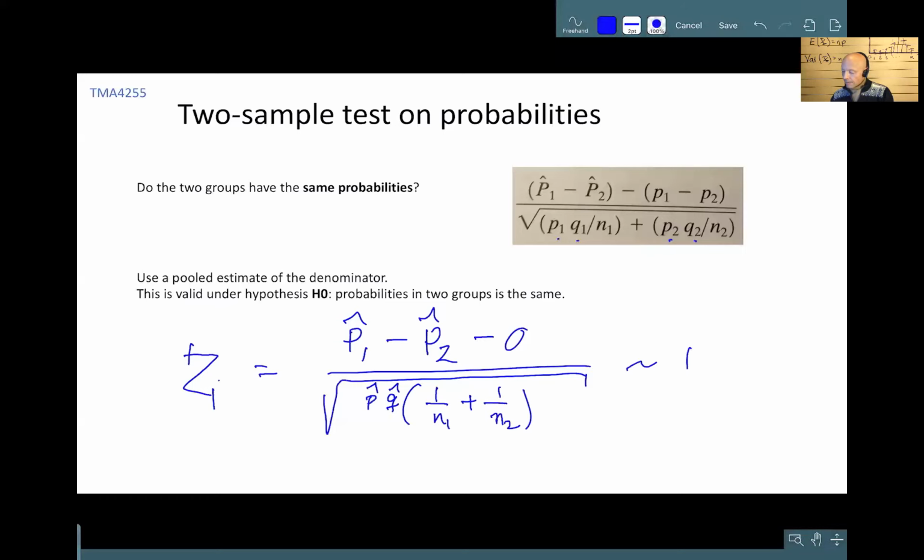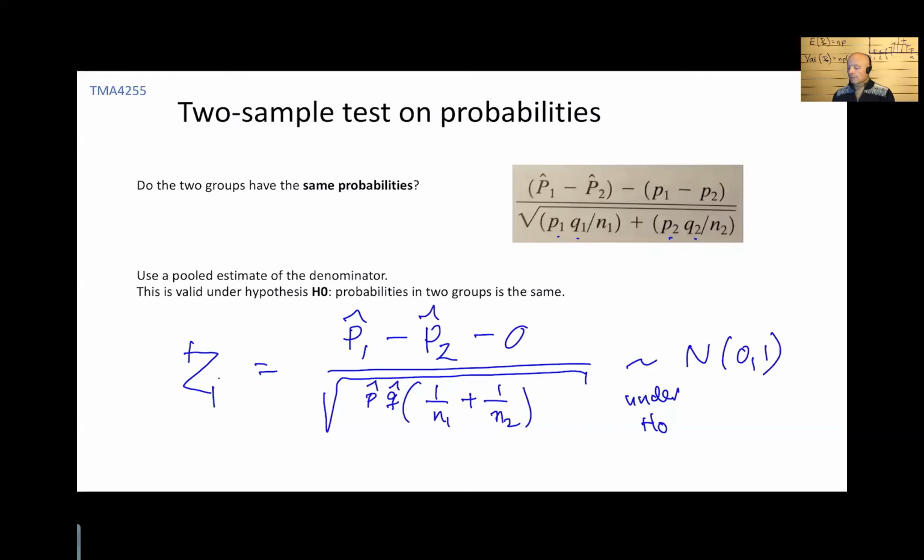And we say that this is standard normal under the hypothesis H0. And how do we get this P hat and these Q hats? Well, they're computed by counting the number of successes out of the number of trials. So let's do this in an example.